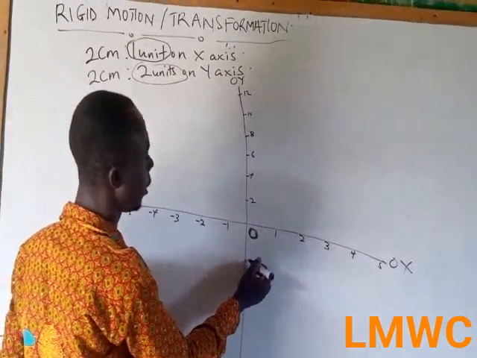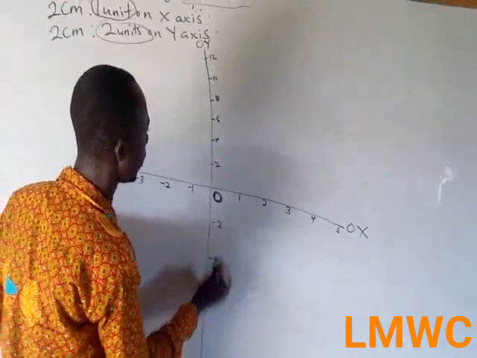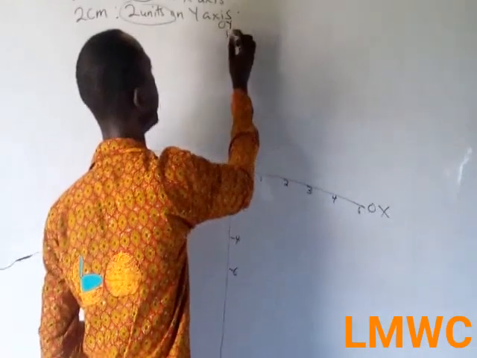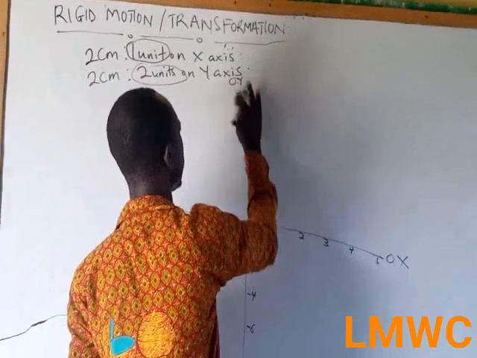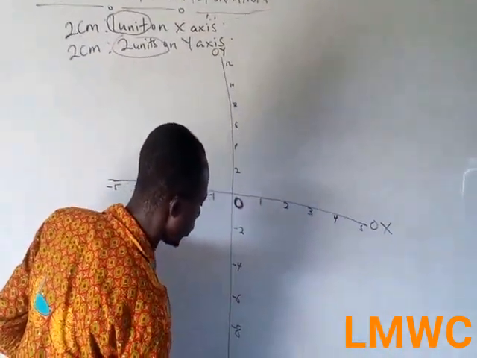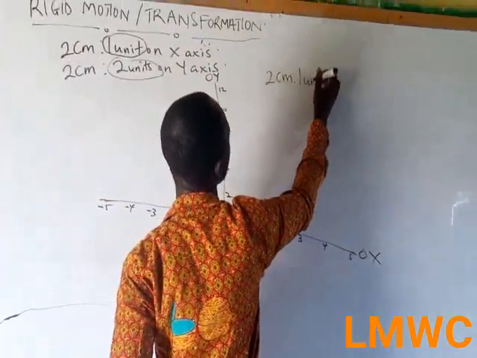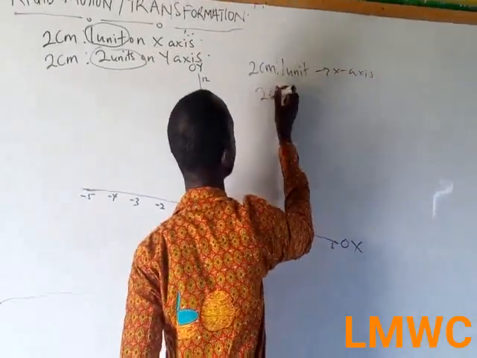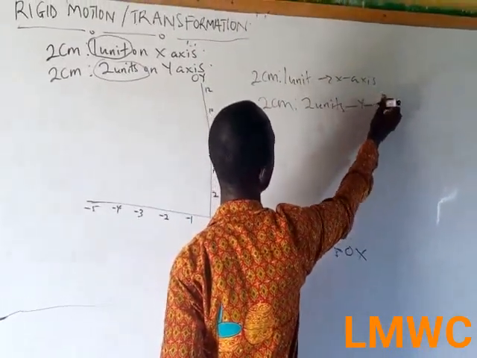Below the origin you have -2, -4, -6. Let me clean this one because some people may think it's negative, but it's positive. Then -8, -10. So you label it 2 centimeters to 1 unit on the x-axis, and 2 centimeters to 2 units on the y-axis.